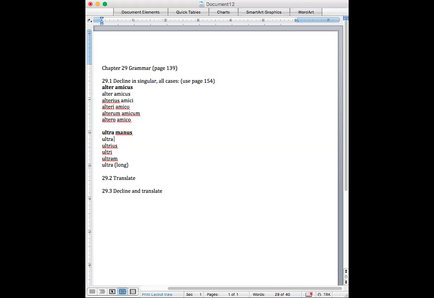Okay, so going back to manus, so you've got utra manus. The genitive fourth declension singular form is going to be manus with a long U. Utri, your dative is going to be manui. And then your accusative form is going to be manum.